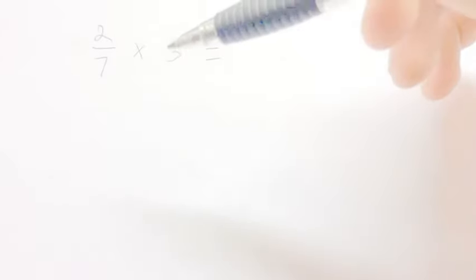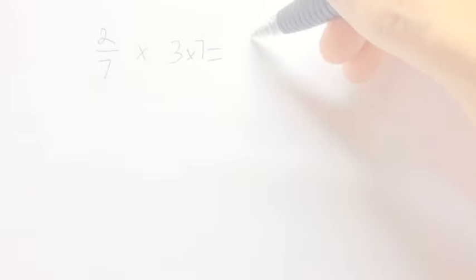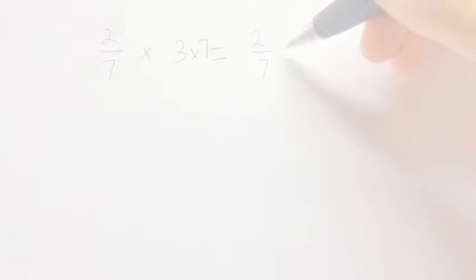But since we've already defined a fraction, and we've defined multiplication, this will actually be a consequence of those two things as opposed to a new rule. So this is going to be equal to 6 over 7. And the way we get that is we imagine if we times this by 7, then we get 2 over 7 times 3 times 7, and the 7 and the 3 can change places.